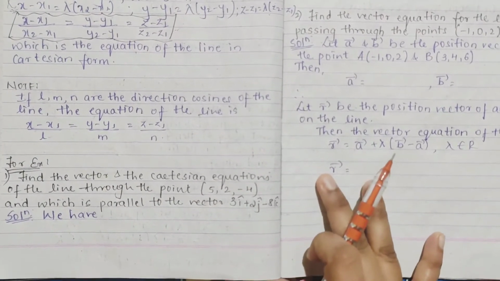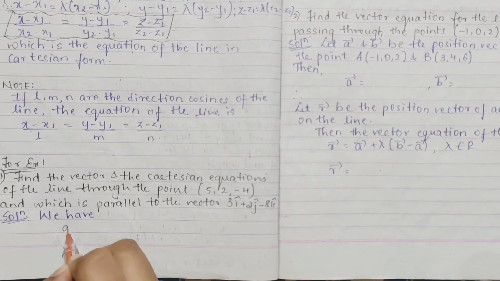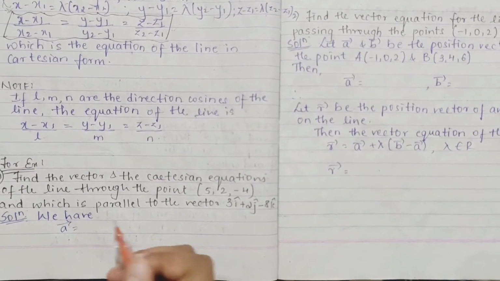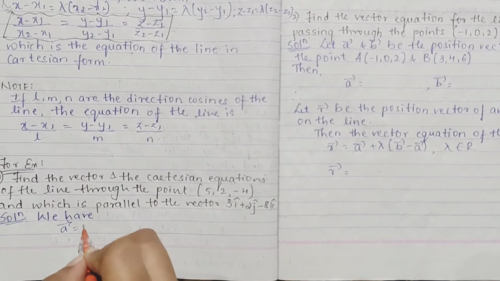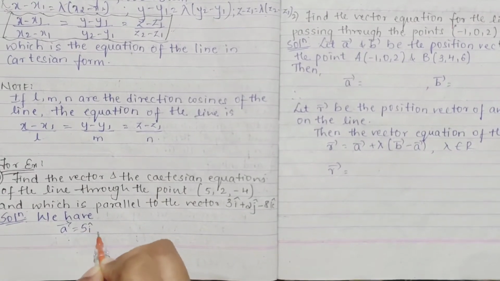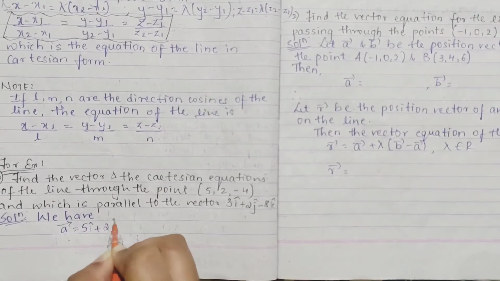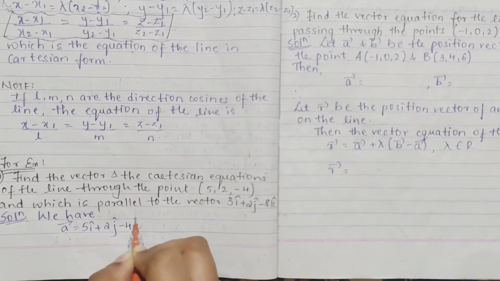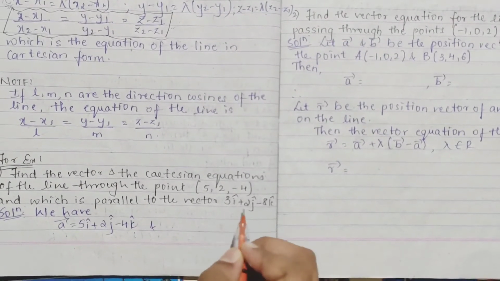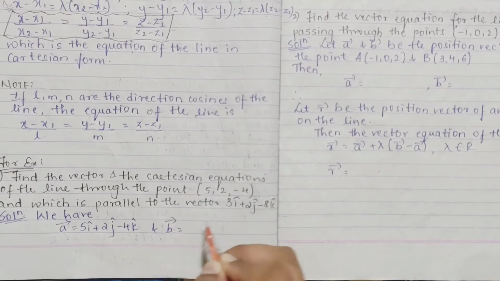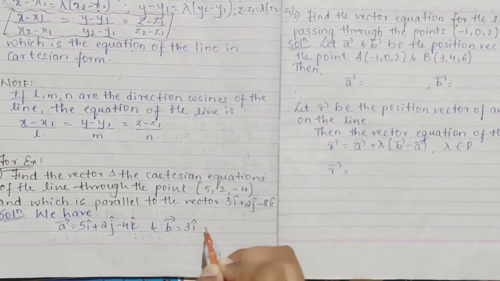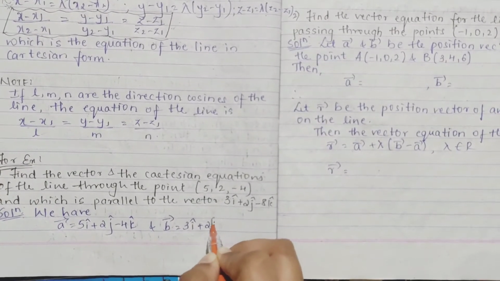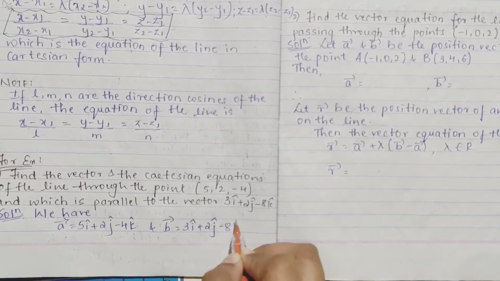We will write our point OA, we can take it as vector a only, as our position vector. So this will be 5i cap plus 2j cap minus 4k cap, and this is your vector b, right. So vector b is 3i cap plus 2j cap minus 8k cap.